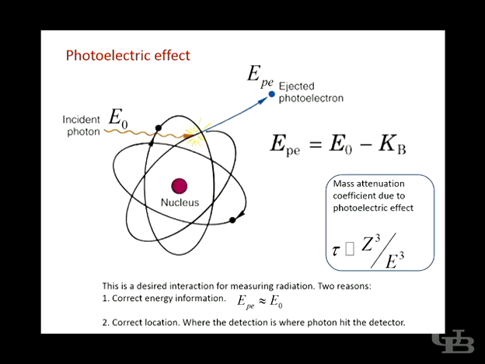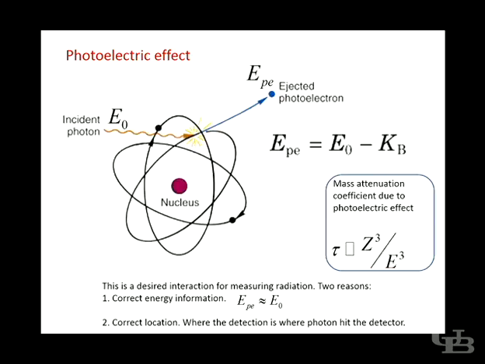And this photoelectron, we just mentioned that electrons don't travel far. Especially if we have some dense material, like a detector material, it will pretty much consume the energy locally. Therefore, if you have a detector, and the detector has a photoelectric interaction with the photon, your detector will collect all this photoelectron's energy.